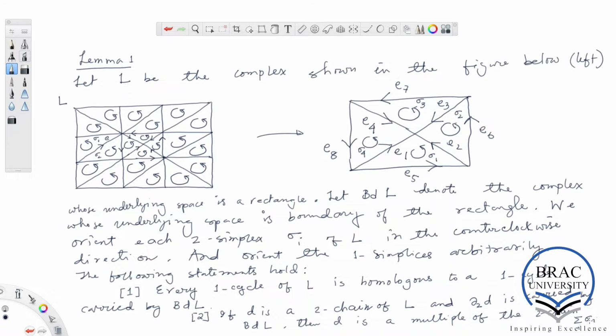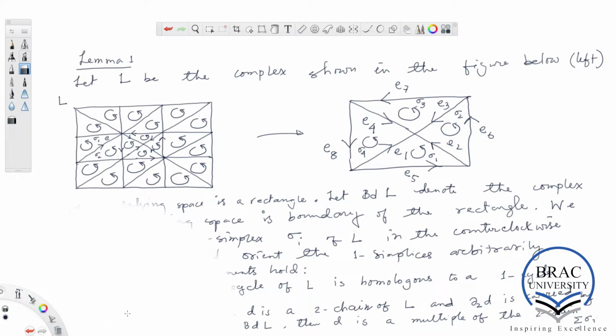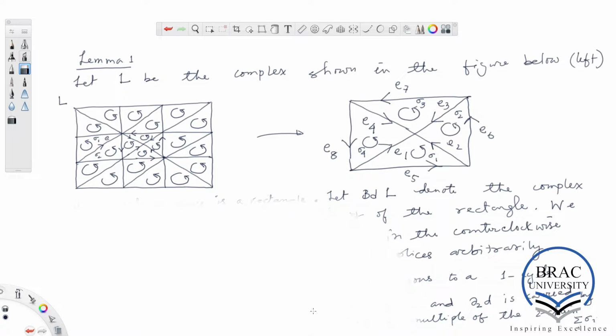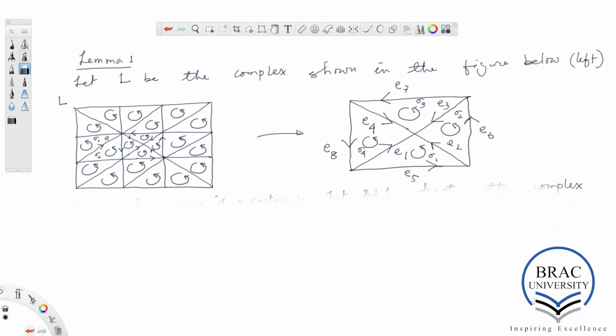Now we are going to prove it. So I'm going to keep the two figures here, and then erase the bottom part of the statements, right? Okay. So here is the proof.